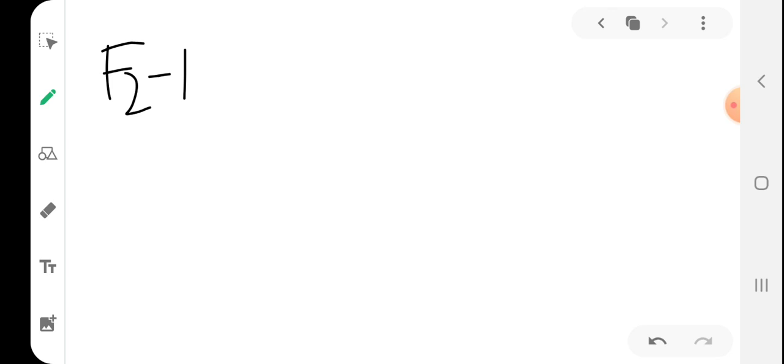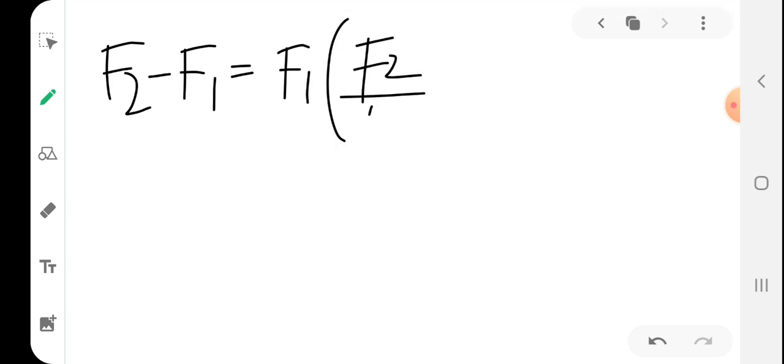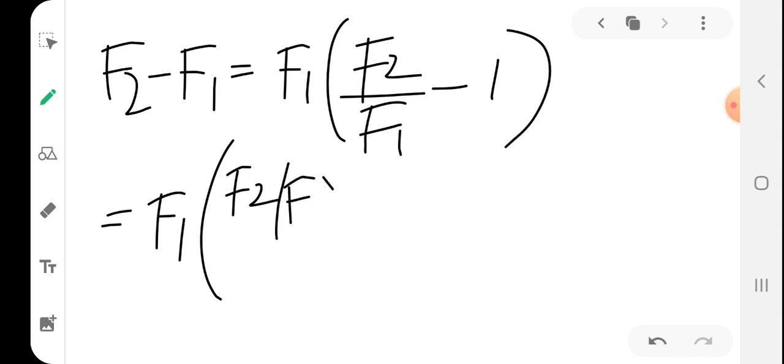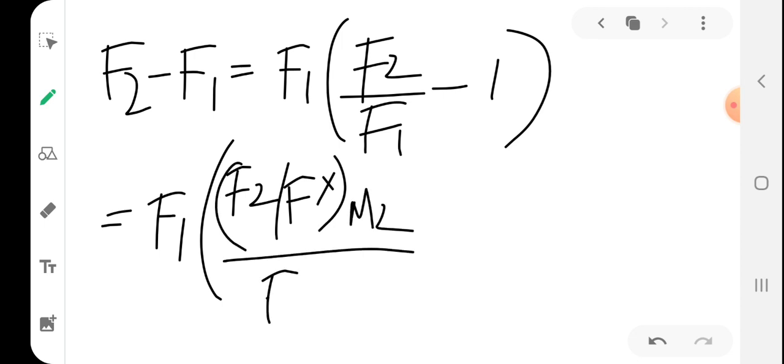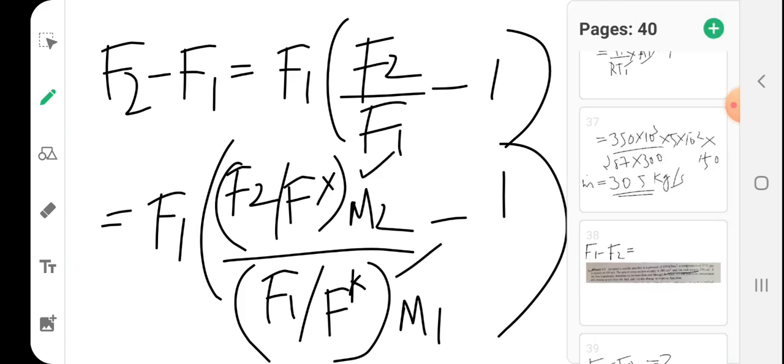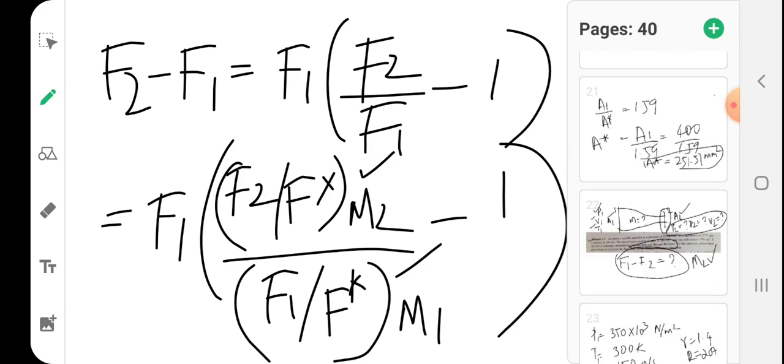So how to solve it using the gas table? F2 minus F1 can be written as F1 into (F2 by F1 minus 1), taking F1 as common. F2 by F1 can be written as F2 by F star at Mach 2 over F1 by F star at Mach 1, minus 1. The values for these two can be obtained from our gas table.